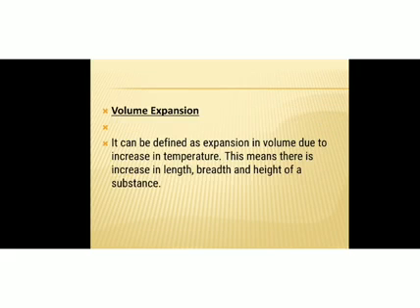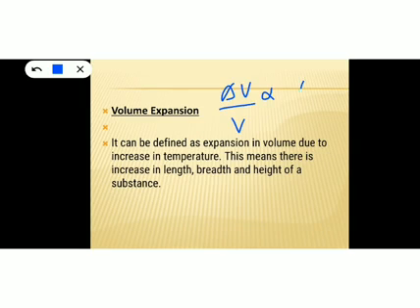Next is volume expansion. You can guess what volume expansion is. Yes, whenever the temperature increases, there will be an increase in the volume of an object. Here also, delta V by V is the fractional change in volume, and this will be proportional to the change in temperature. To remove this proportionality symbol, we add a constant, and that constant is alpha V, the coefficient of volume expansion or volume expansivity.